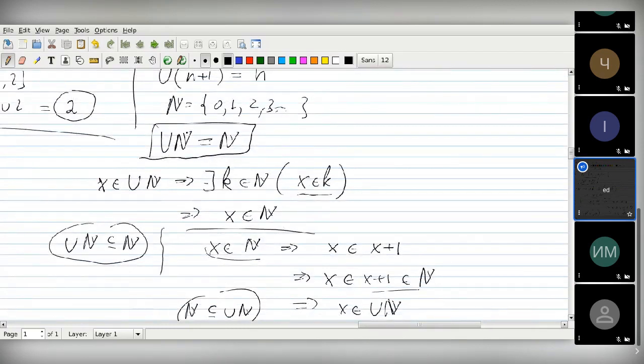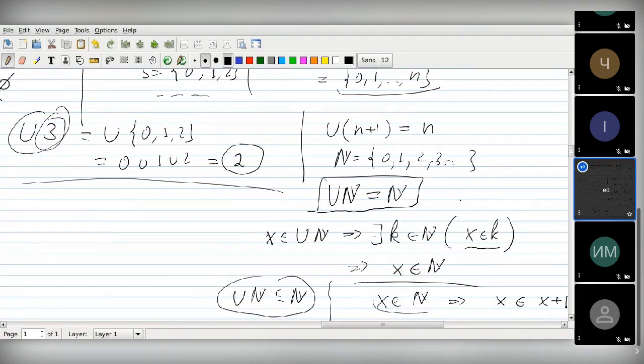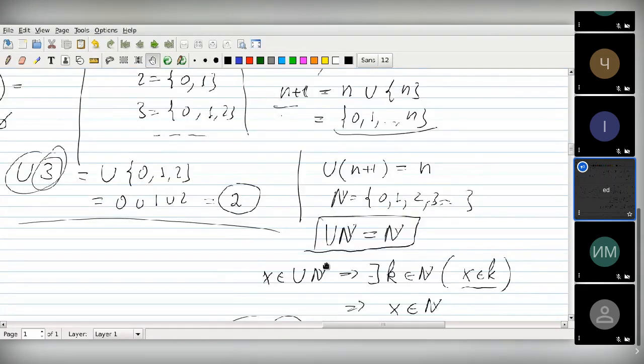By the way, informally, you should always remember that the union in set theory plays the same role as limit plays in calculus. Union is just a limit, a supremum or something like that.